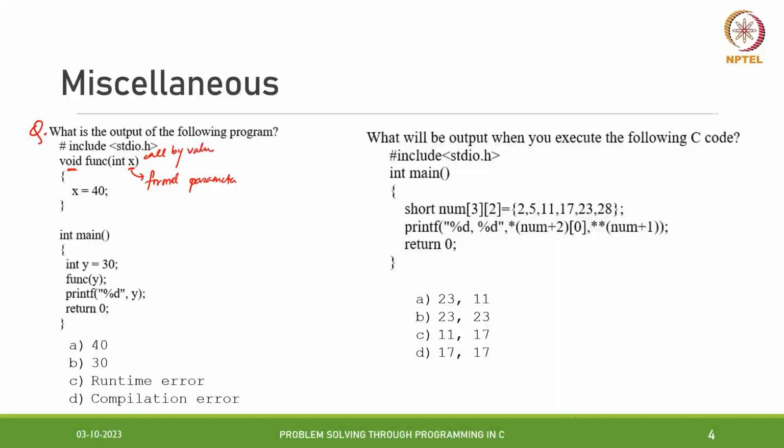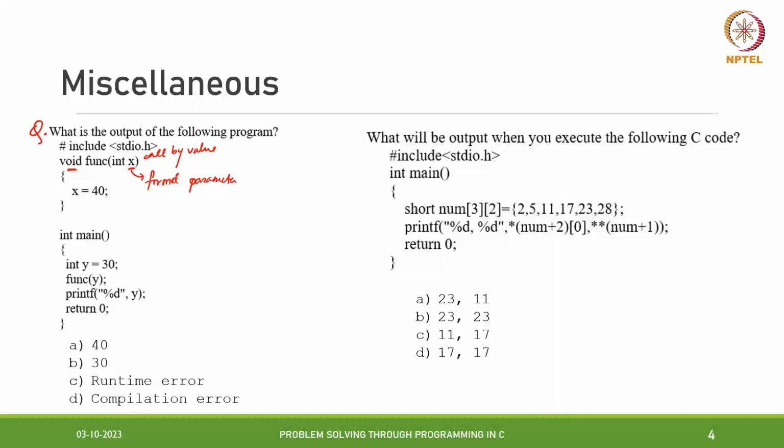Only the value is being passed to the function, not the address. So you are just changing this temporary formal parameter called x, not the value of y at all, because this function is not returning anything. It is just changing a dummy variable x.